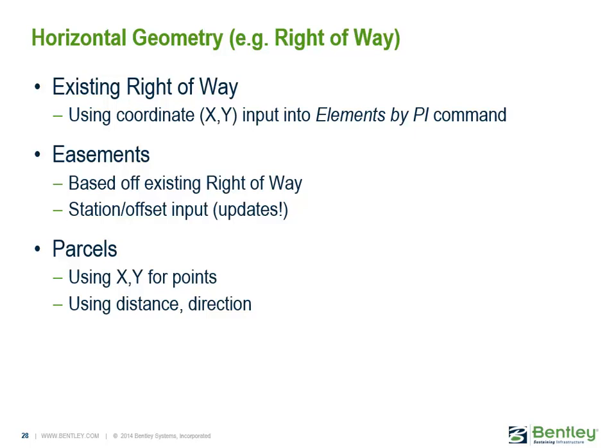Or maybe you want to place some easements that are based off the existing right-of-way, and you want to use some station and offset input, and then when the right-of-way updates, the easements will update automatically. Or you might use Civil AccuDraw to place parcels using XY for points, or using distance and direction.